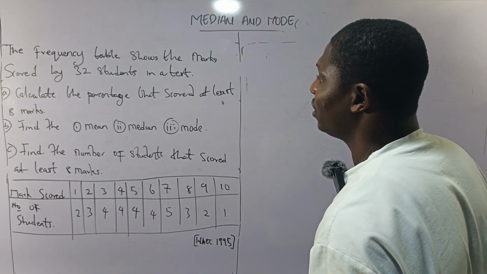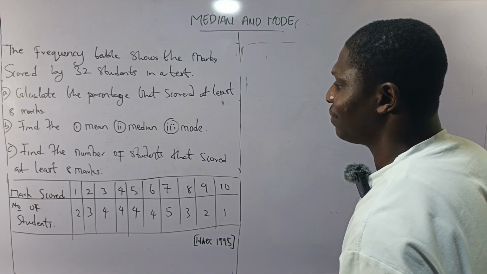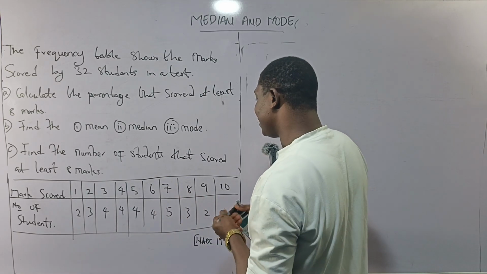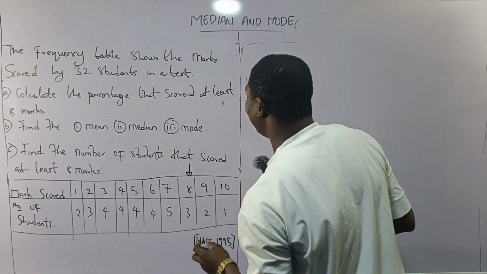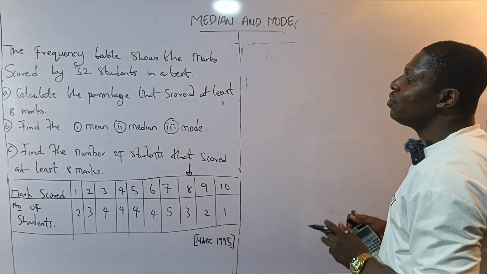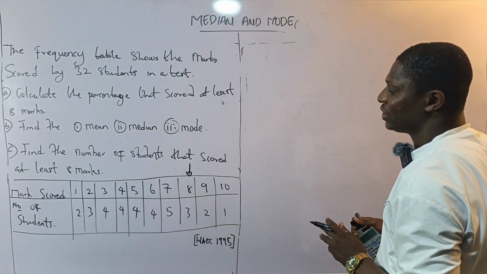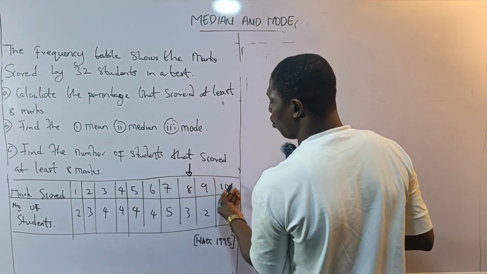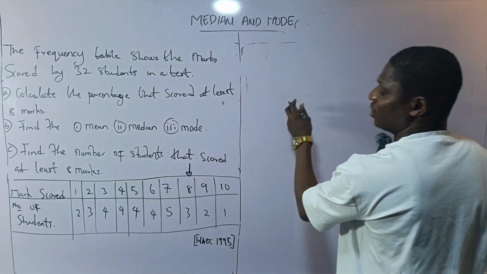Question A says, calculate the percentage that scored at least 8 marks. These are the marks. At least 8 marks is this. At least 8 marks means the minimum mark scored is what? 8. So from here upward is used.